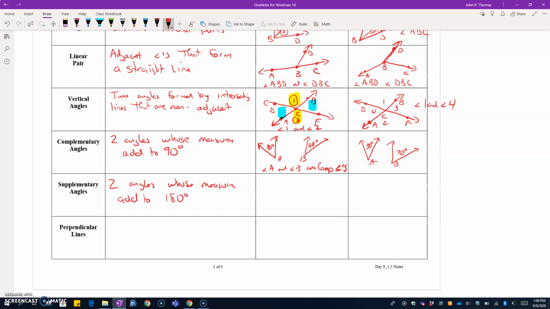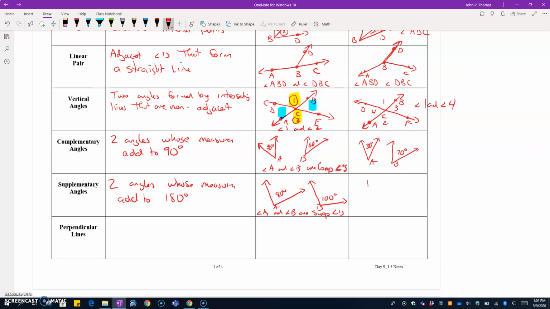An example would be if I had an 80-degree angle and a 100-degree angle. They don't have to be adjacent, so with A and B, angle A and angle B are supplementary angles, and again, we abbreviate that.